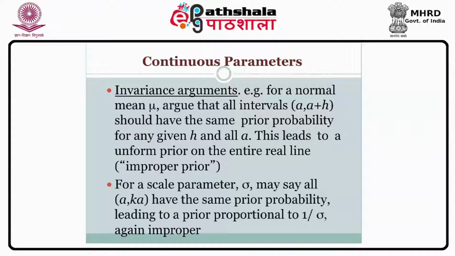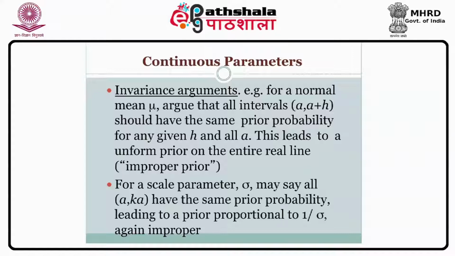You might have noted I said it's a normal mean mu, and I'm going to take the prior for the parameter mu. Okay, and it has the same prior probability for any given h and all a in the interval a to a plus h. So maybe we can then assume that it's a uniform prior on the entire real line.